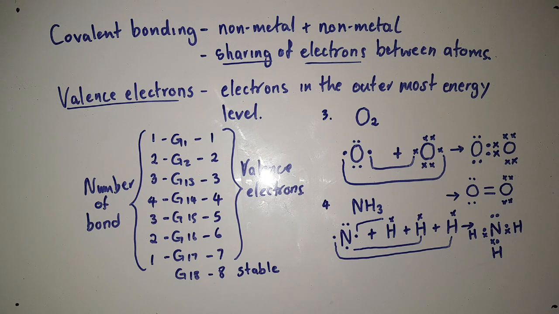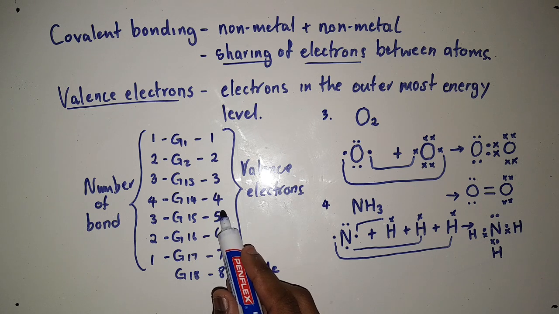Then now, I want us to focus on this given diagram, which I drew right now. Check. If you were to look carefully, nitrogen is situated in group number 15. You see, it has 5 valence electrons.